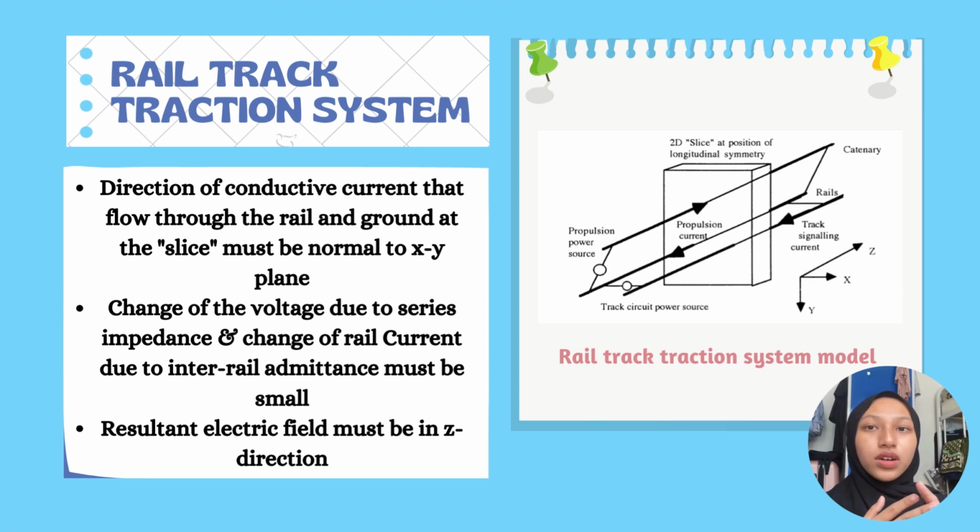Both must be small. And then lastly, the resultant electric field must be in the z direction also, which implies that the field arising from eddy currents must be much greater than that due to inter-rail and rail-earth diffusion and leakage currents.